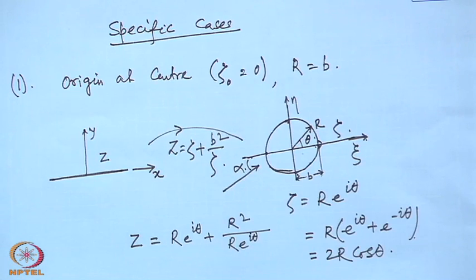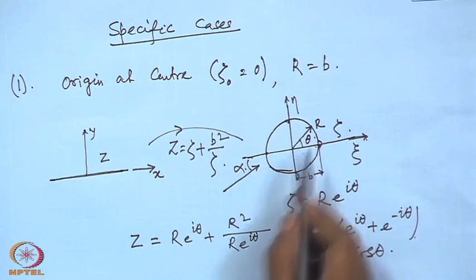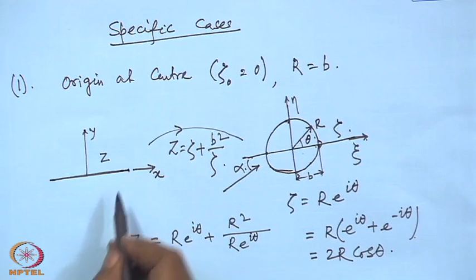obviously no thickness. The resulting body has 0 thickness. How much is the length? This point which has transformed to this point, this length is 2 r.